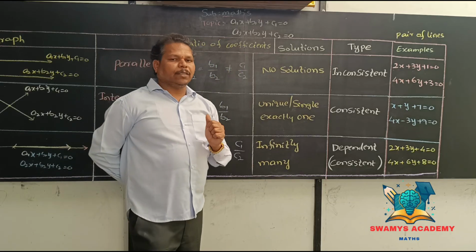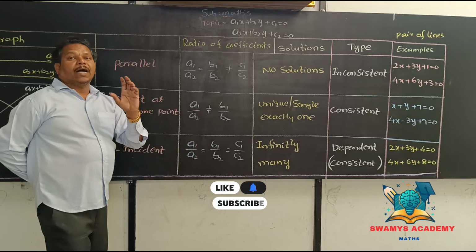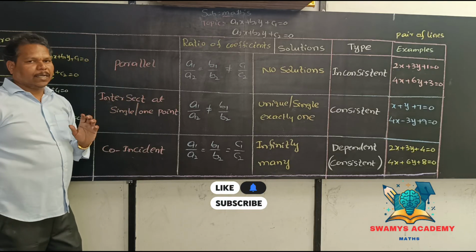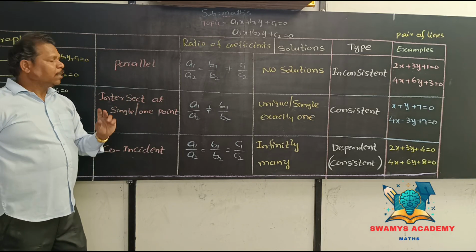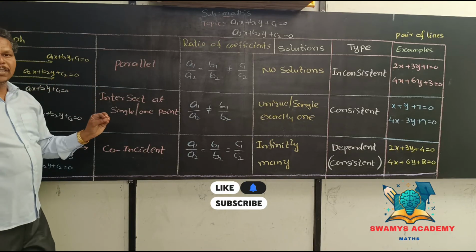We discussed graphically as well as algebraically. Algebraically, we learned the elimination method and the substitution method. And graphically, we did three types. These are about solutions. Thank you.